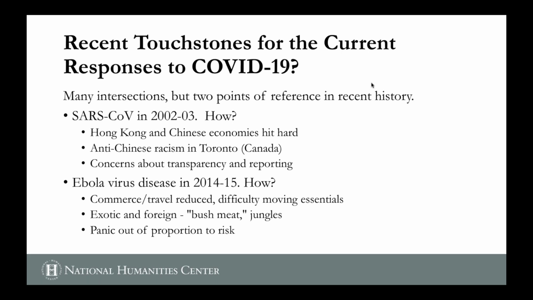And one of the key intersections from my perspective was the early focus on consumption of exotic foods, or foods that were understood as exotic, the so-called bushmeat example. That this coronavirus emerged from people eating exotic wild animals they shouldn't have been eating. There were early conversations with Ebola virus disease about the consumption of monkeys, which was completely erroneous and had nothing to do with the outbreak.